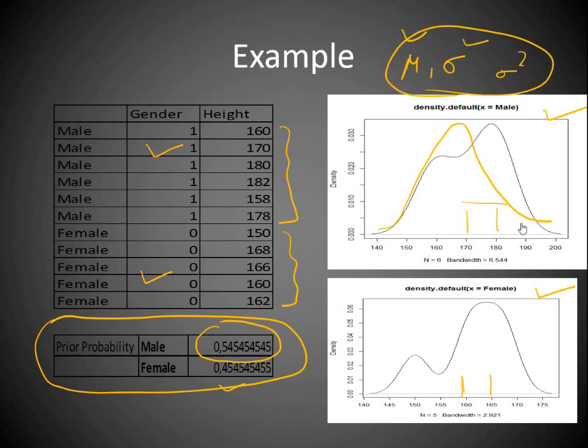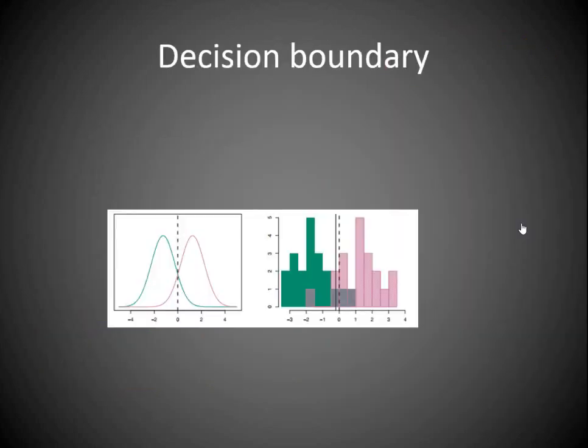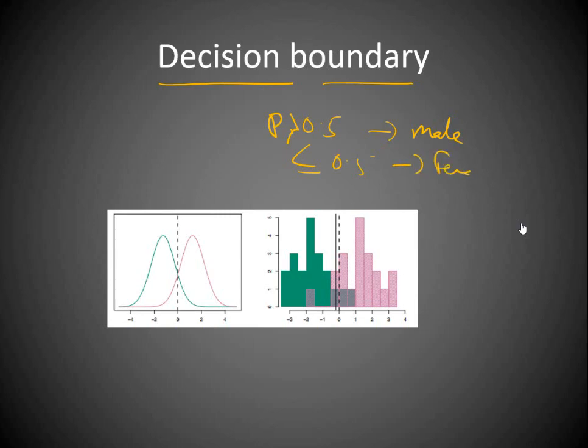Now, once this posterior probability is found out, how do you classify? Well, this is the way we classify. We define what is known as a decision boundary. That means at what probability level we classify data into two categories. Okay, like in this case, it could be posterior probability 0.5. Anything greater than 0.5 is male, and less than or equal to 0.5 is female.